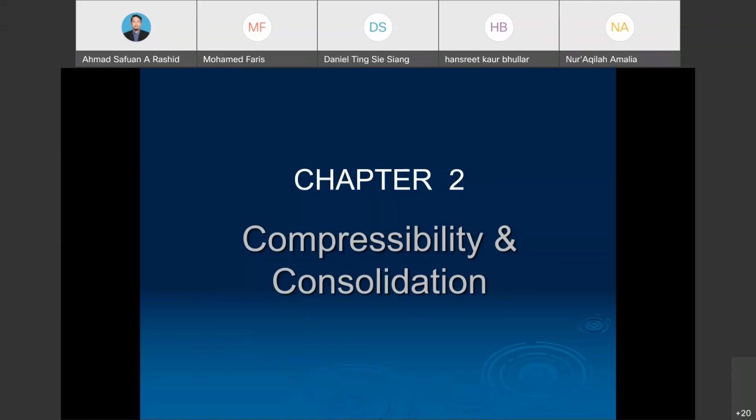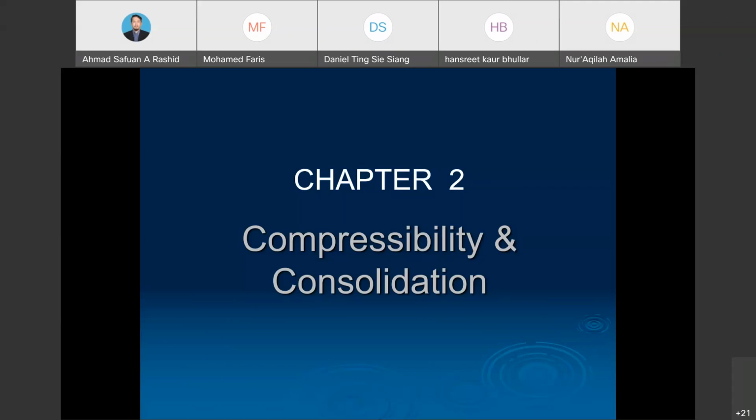In design, we may use the allowable load, which is called the design load. Then we may allow consolidation to occur, with a limitation of less than 25 millimeter.